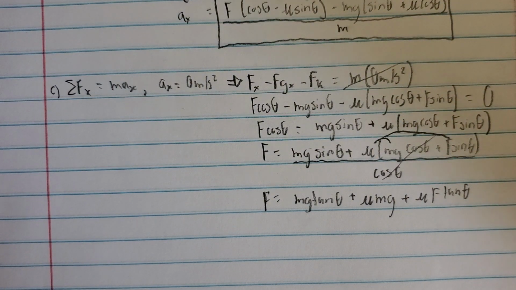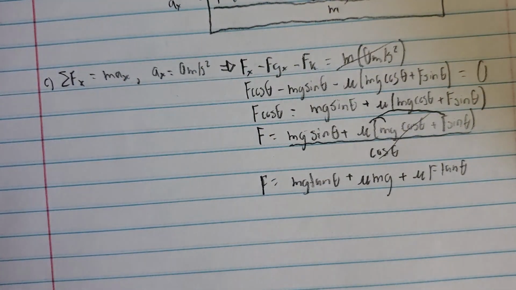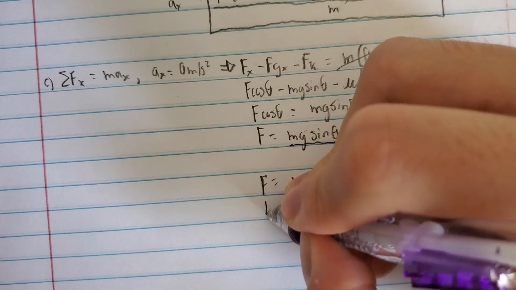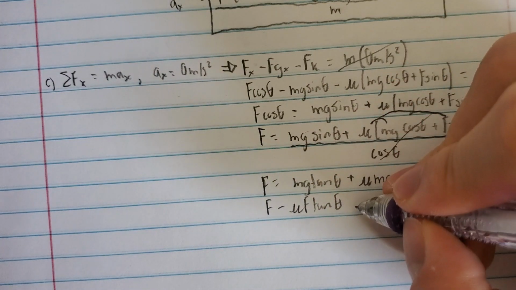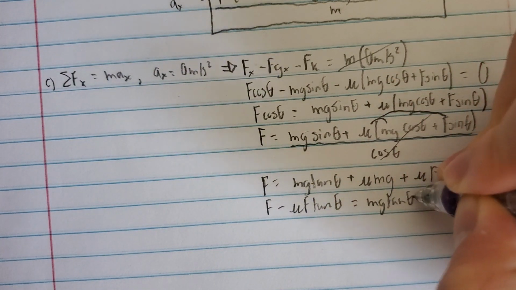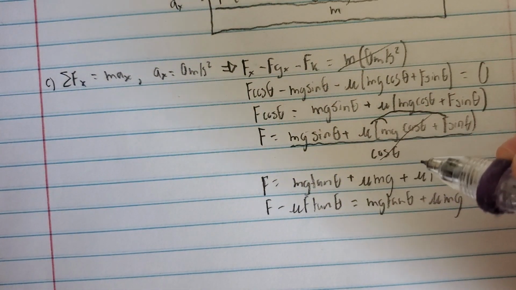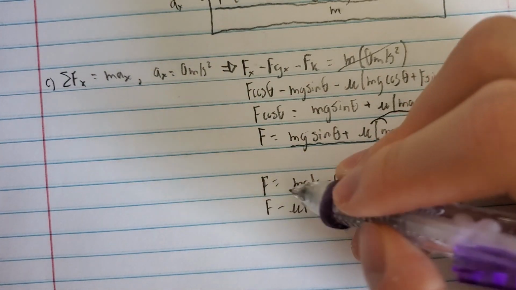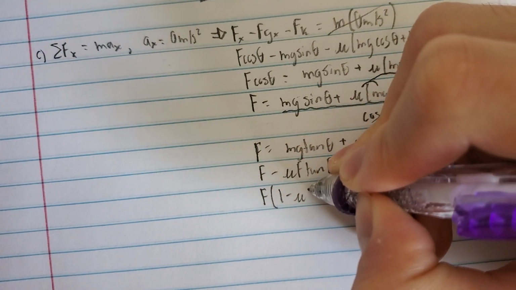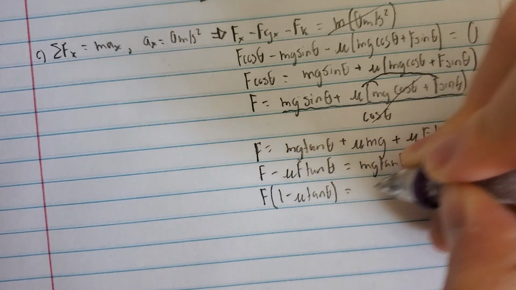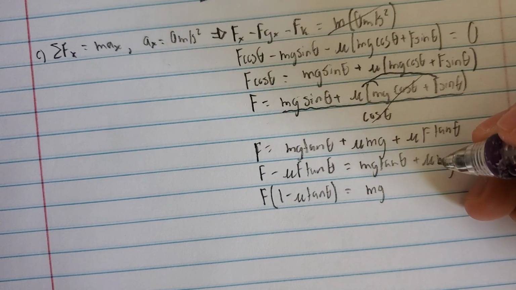Alright, so now what I do is I'm going to subtract this term right here to this side because I want to combine the F's. So F minus mu F tan theta is equal to mg tan theta plus mu mg. Okay, so now I'm going to factor out F. So that gives me F times 1 minus mu tan theta is equal to, and this time I'm going to also factor out mg.